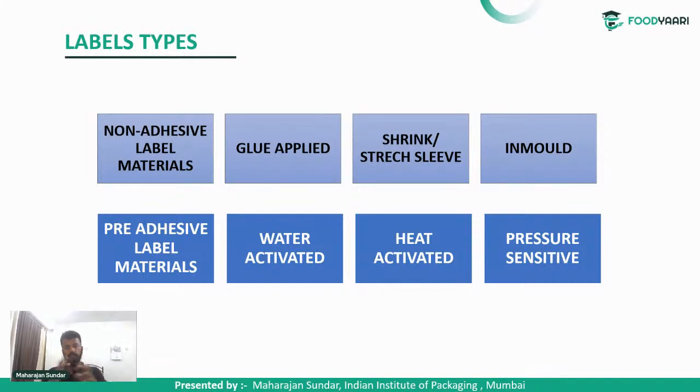Then there is the shrink or stretch sleeve. Shrink or stretch sleeves are increasingly used, because manufacturers tend to use them. We will see a small gif of it in the upcoming slide.